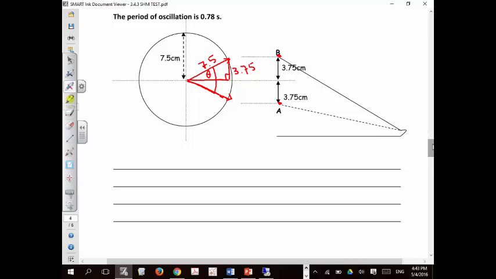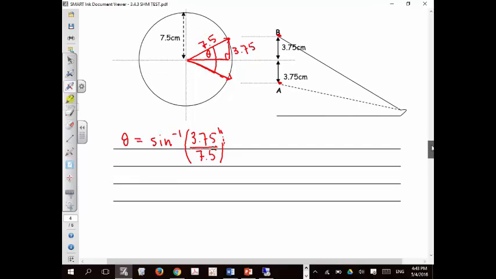So the first step here is to find theta. Theta is going to be equal to, what's the opposite on the hypotenuse? So it's going to be the inverse sine of the opposite over the hypotenuse, which is 3.75 over 7.5. And we can work in degrees or in radians, it doesn't matter here, as long as we're consistent.